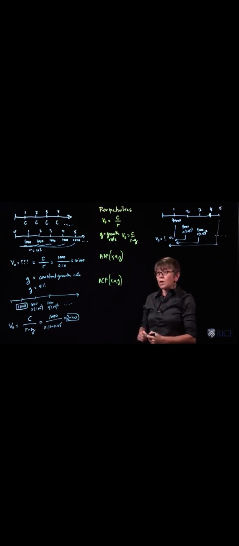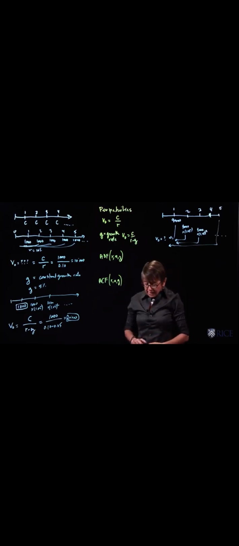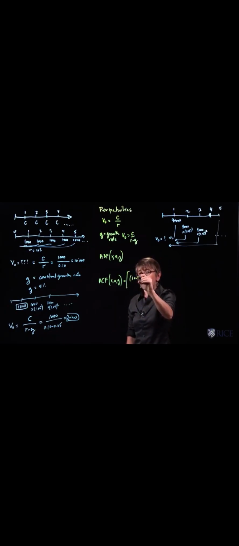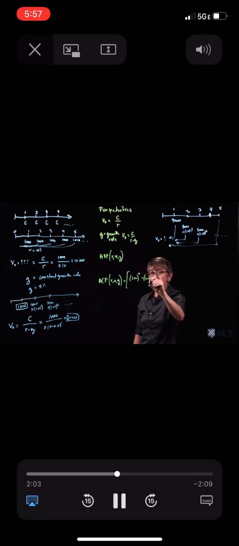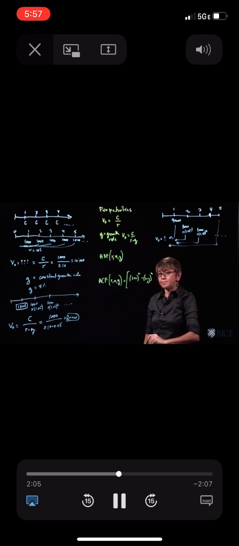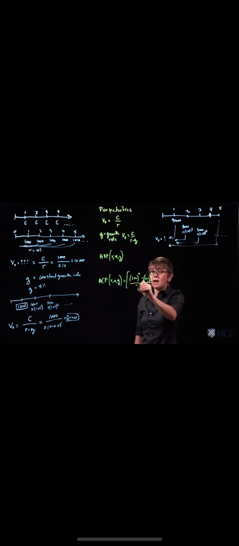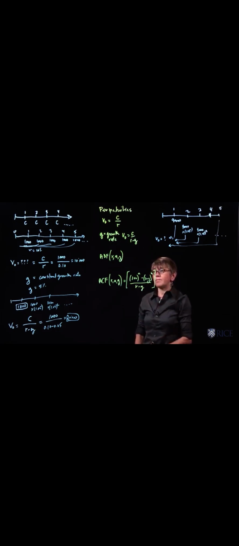Okay? Well, turns out the annuity compound factor is simply 1 plus r to the n minus 1 plus g to the n, divided by r minus g. What is the annuity discount factor?